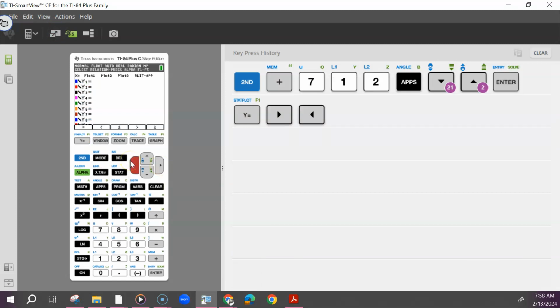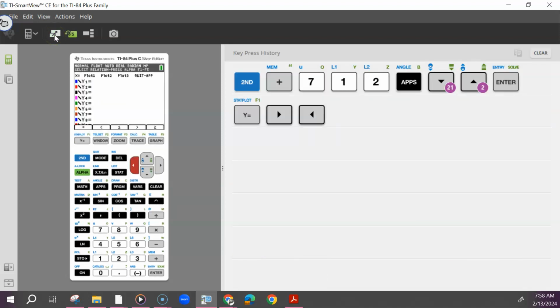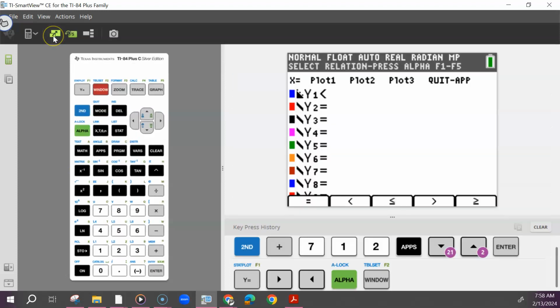But if you hover over the equals, you'll see these at the bottom, and then you can change it. I'm just going to use the two inequalities from the notes. Y is less than 3x plus 2. If you hover over the equals and press alpha window to change that to less than, you'll also see that this changes off to the side. It is now a dashed line that's shaded below.